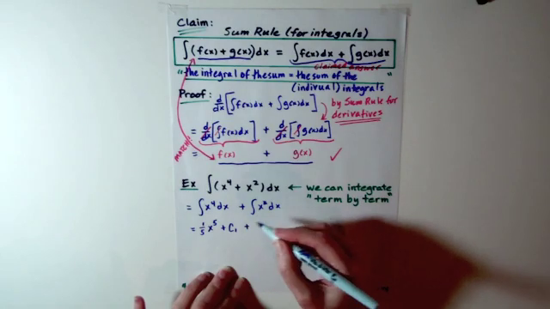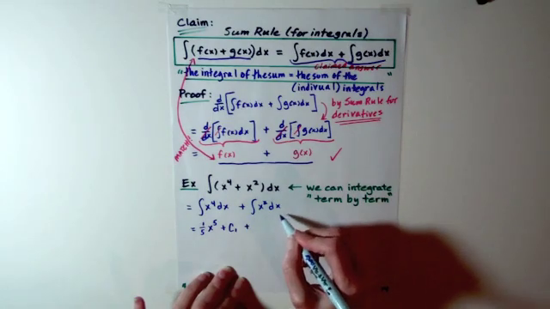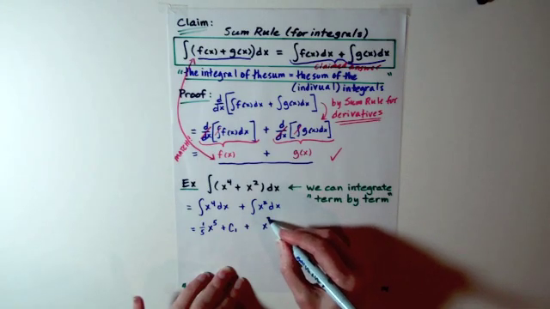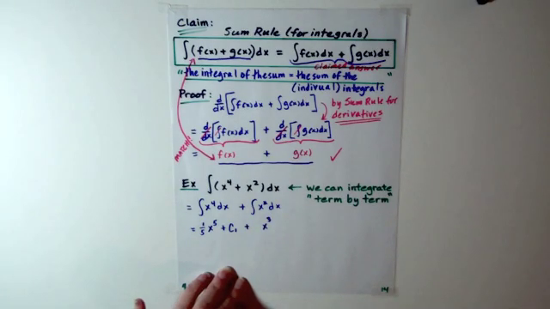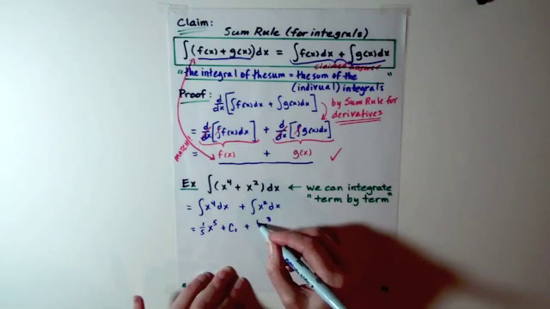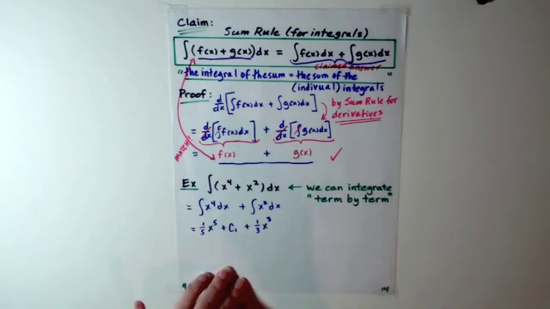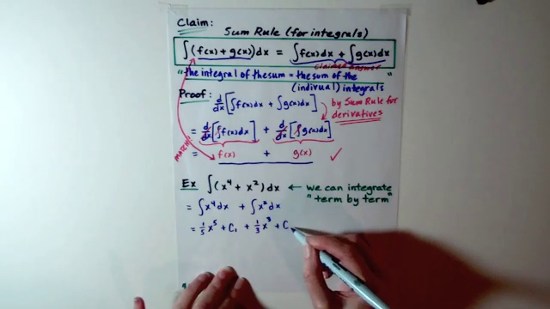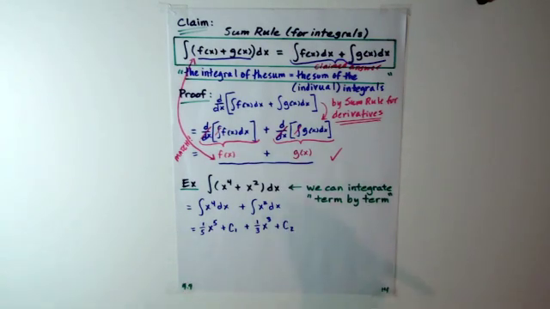Okay, plus, now I do this integral individually. Integral of x squared dx, well, I add 1 to the exponent using the power rule, so that'll be an x cubed, and I need the reciprocal of that new power out in front, so I need a 1/3 out in front, and then of course it has its own integration constant. Maybe I'll call that c2.